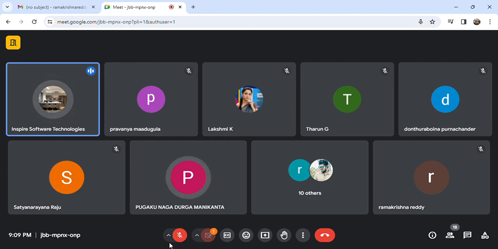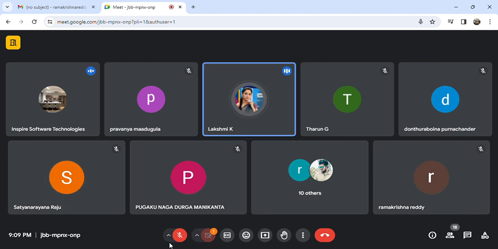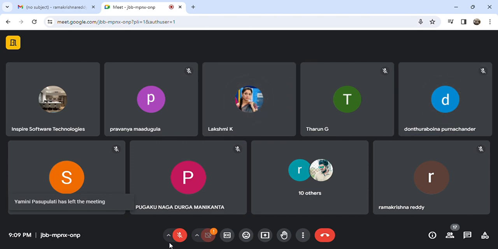Why is the stuff bit provided in CAN? Why do you need a stuff bit? For synchronizing, sir. Good. Both are correct, Lakshmi.